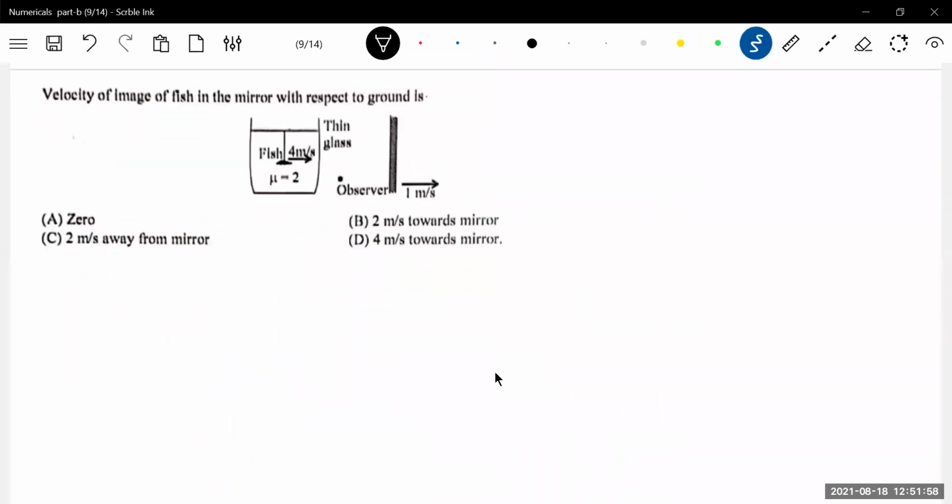One more. There's a fish in a liquid of mu equal to root 2.